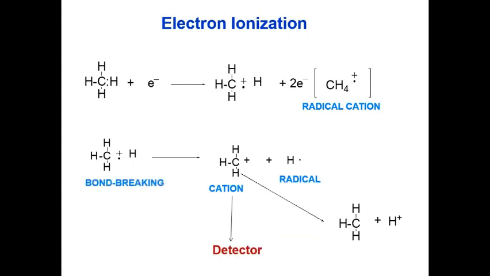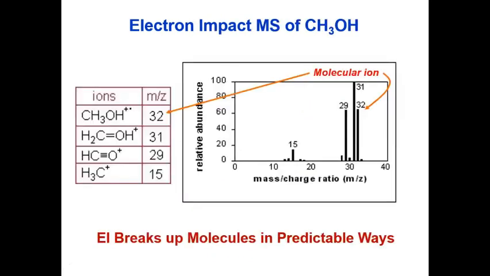So this is about the fragmentation pattern of methane using the electron ionization technique. If you want to get the mass spectrum peaks for methanol in electron ionization, there are different possibilities. We will get peak 32 as the molecular ion peak, then 31 is a fragmented peak, which is the base peak.